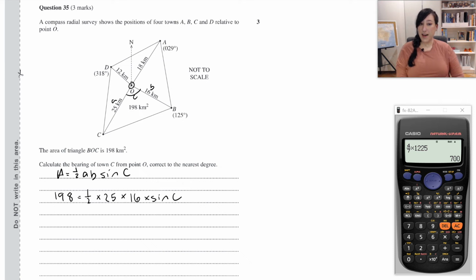So let's simplify what we have so far. I'll multiply these parts together first. So this simplifies to 198 equals 200 times sine C. We're trying to get to C, so let's divide the 200 across.